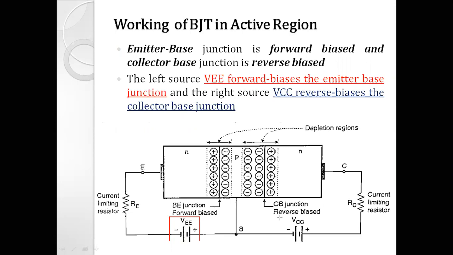And on the right side, between base and collector terminal, we have the supply VCC. VCC is connected in such a way that this base collector junction comes into the reverse bias condition.